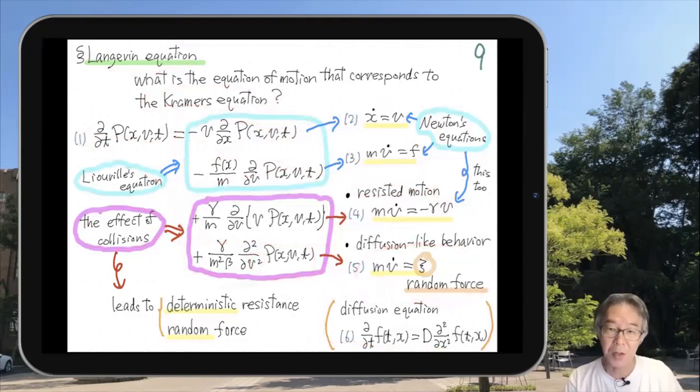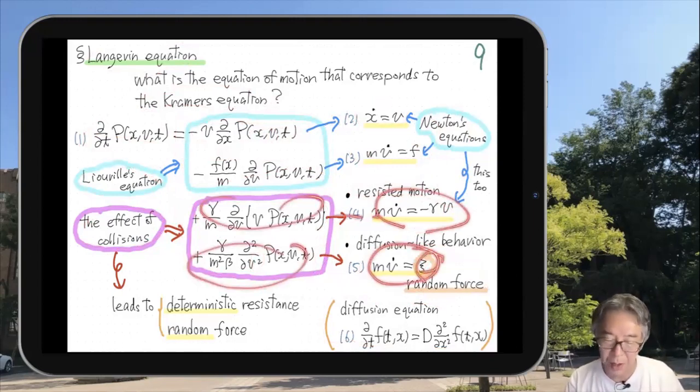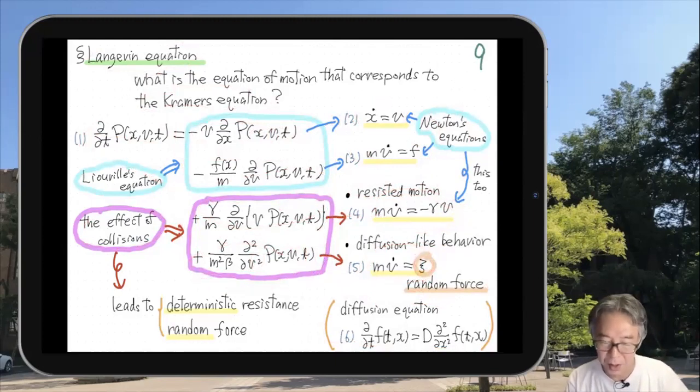This is not a deterministic equation, but it is an equation of motion with a random force here. Okay, so anyway, these are the answers. In the rest, I will show you that these things actually give this and this. But we have to be careful about the definition of psi. Okay, so let me start with the easier one, this resisted motion.